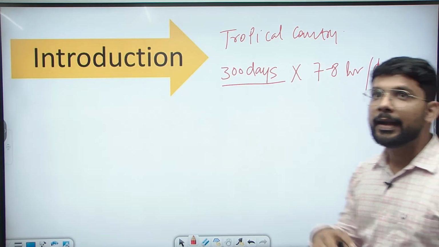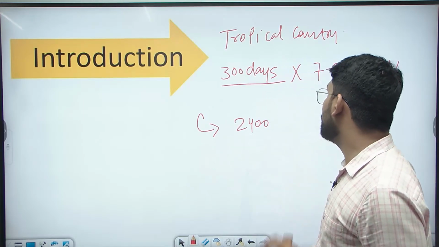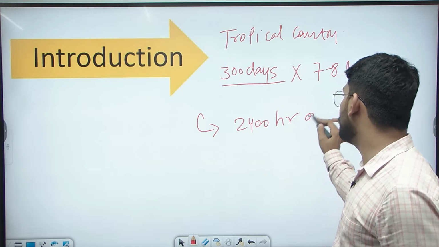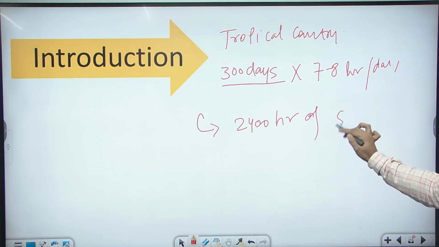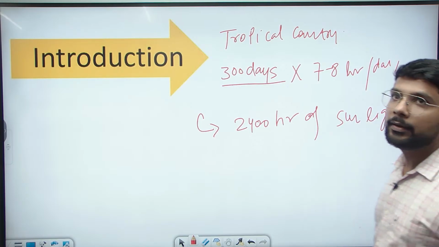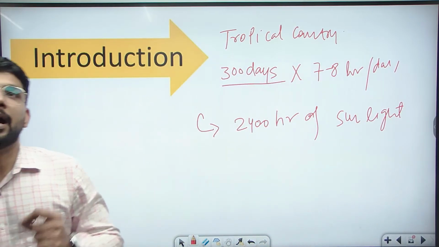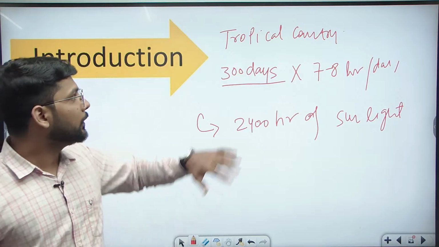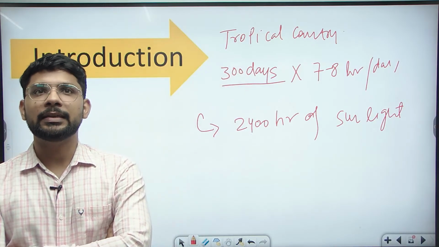That means India is receiving approximately 2400 hours of sunlight in a year. India is a tropical country, which means the availability of solar energy is very high here.